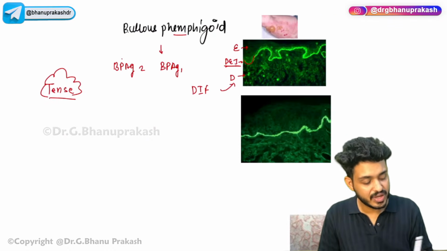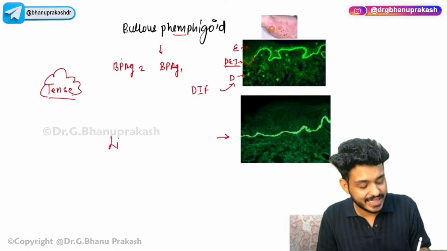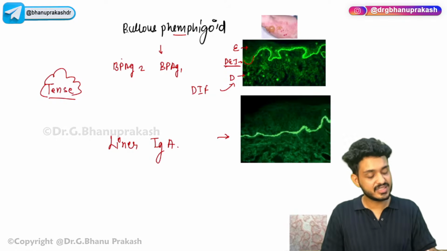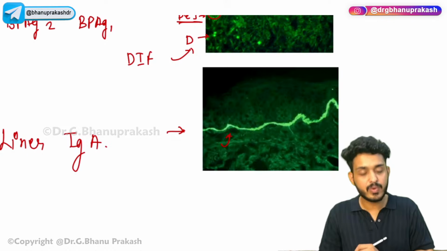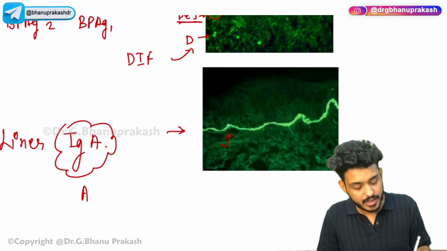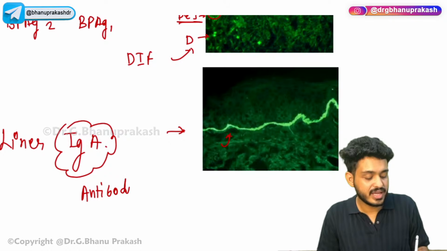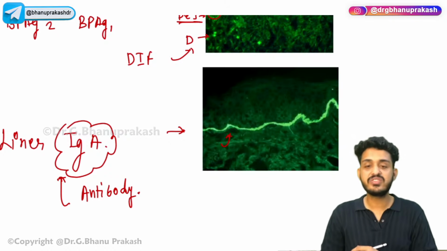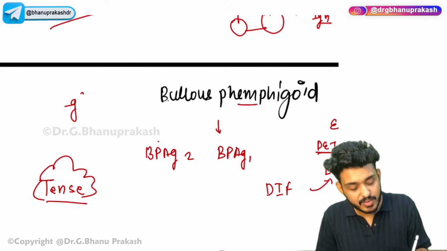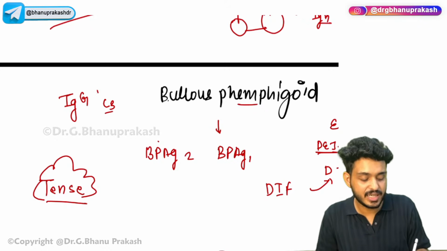One more differential you have to do, that is linear IgA disease. Linear IgA disease is also giving this linear type of pattern, but you have to remember here the antibodies are IgA. This is how you will be differentiating. Whereas in bullous pemphigoid the antibodies are IgG, or C3 deposition will be there.